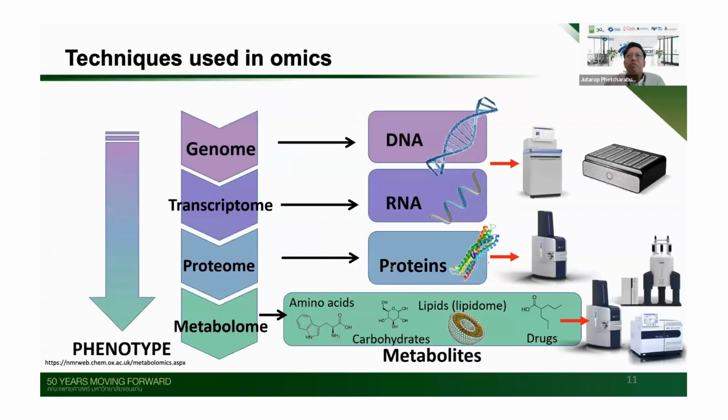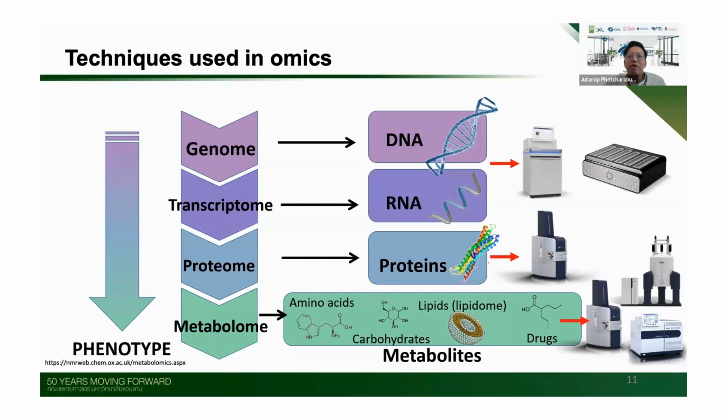The techniques used in omics: if it's for genome and transcriptome, of course, we need to use sequencers, and there are very many kinds of sequencers nowadays, short read, long read. It really depends on the purposes of the research study or the research questions. For proteome, we use mass spec, of course.